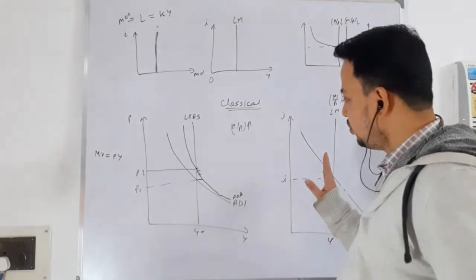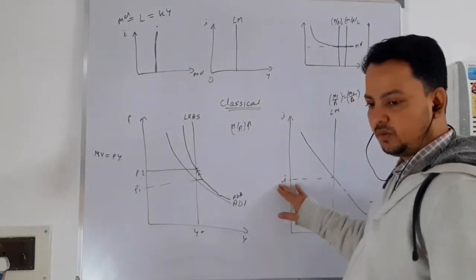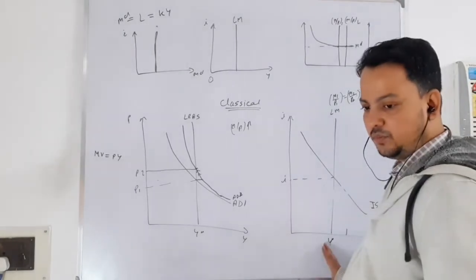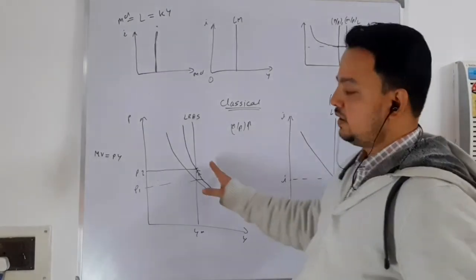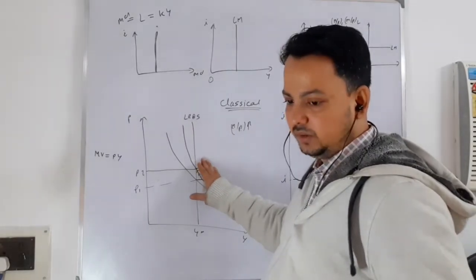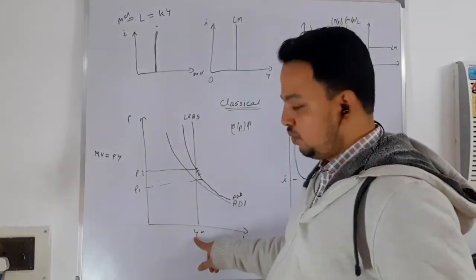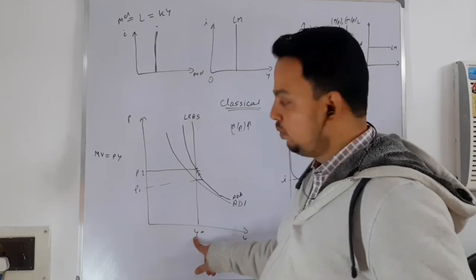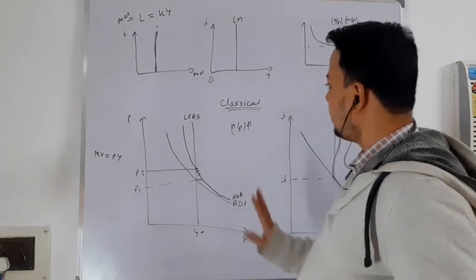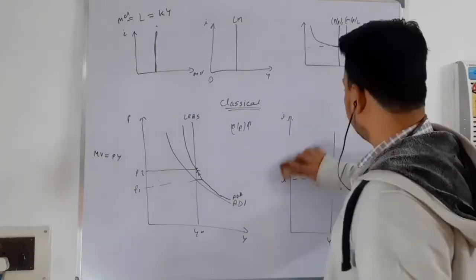So the economy will have the same equilibrium real rate of interest and full employment output level, whereas in the aggregate demand aggregate supply framework, we can see that the same level of output in equilibrium now has a higher price level. So this is what you have in the classical case.